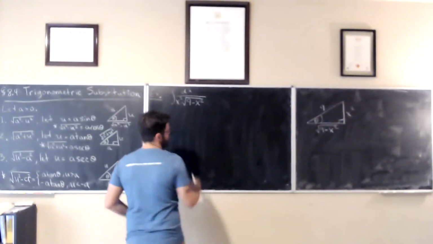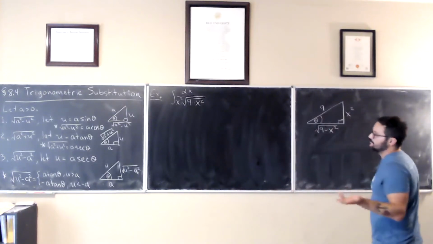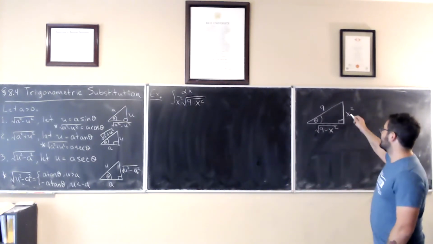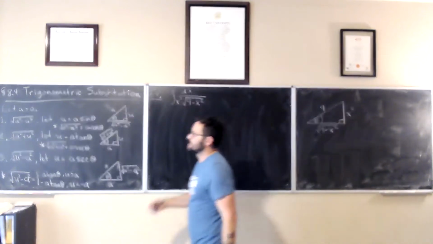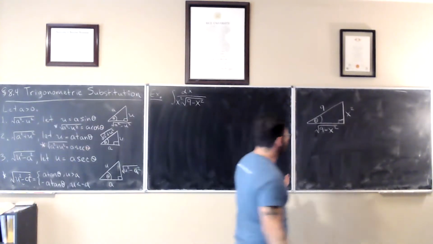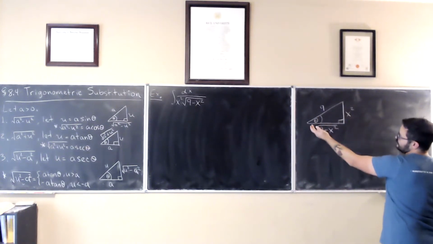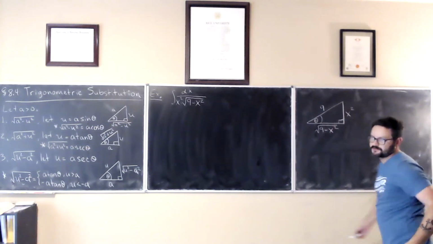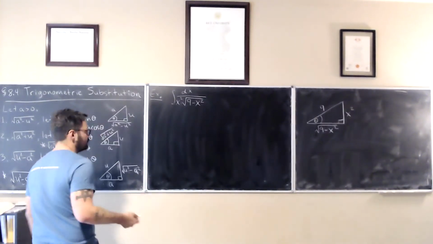When it's a difference, it must be the case that the 9 is the hypotenuse. The x squared could go right there or right there, it doesn't matter. Your textbook seems to think that sine theta would be the one to use, but you could just as easily put it down here and do cosine theta, and it would look different as you're working through it, but it would also work.